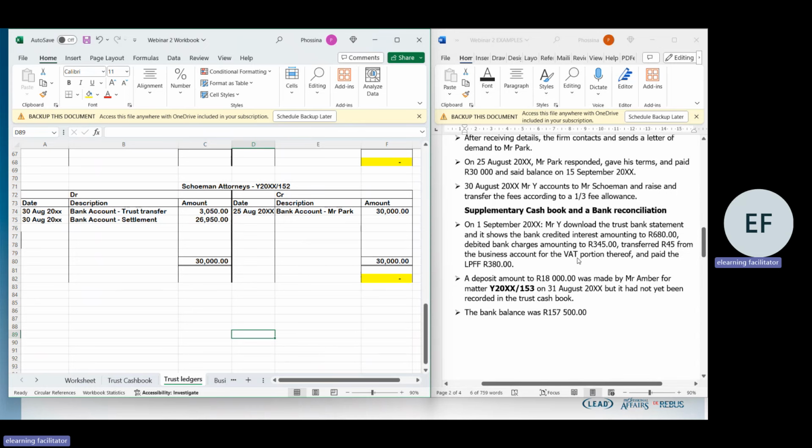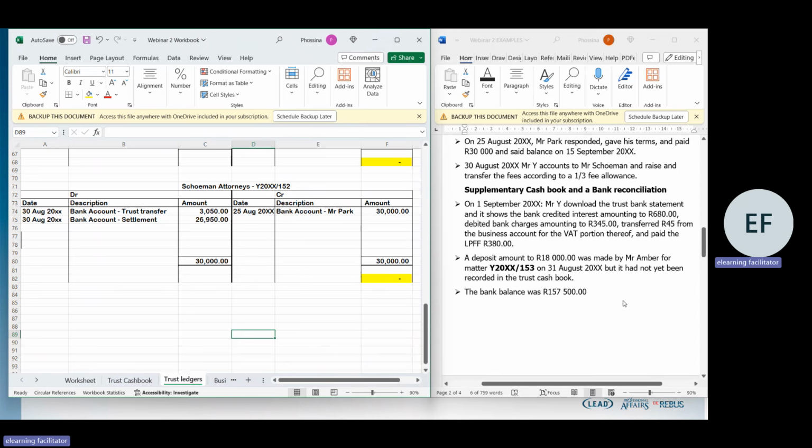And then the last element of the trust, I'm going to continue and do the business account as part of our webinar 2. And then for the trust, I'm going to show you how to record this last element. So we are told that there is a supplementary cash book and a bank reconciliation that we have to prepare.